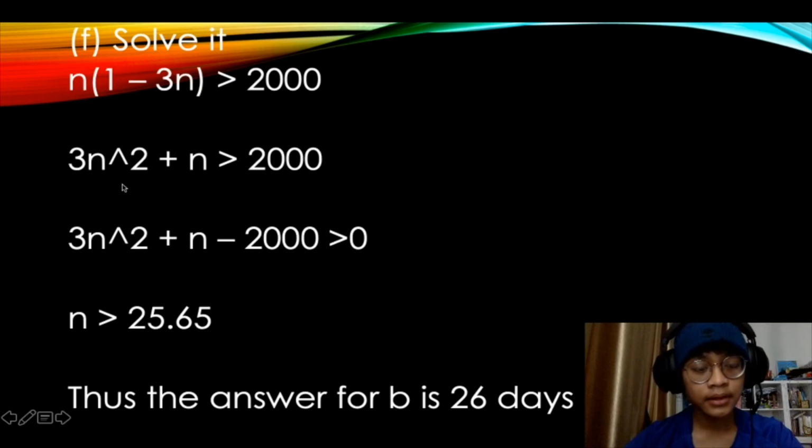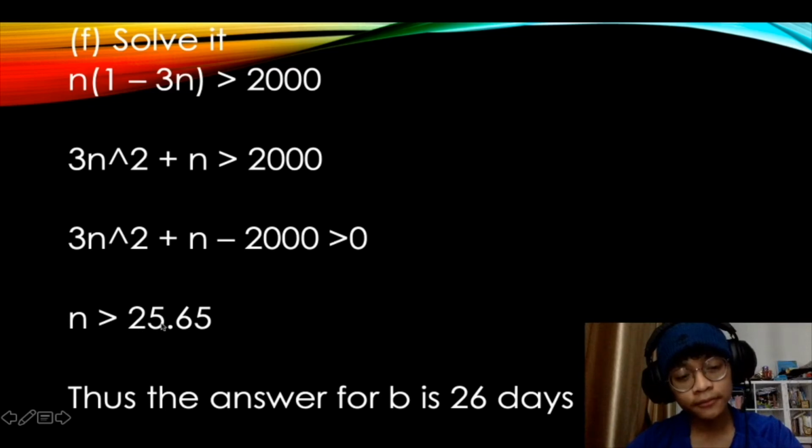Okay, and then we get 3n squared plus n minus 2000. We move this to here, then when we put it in the calculator, we will get n is greater than 25.65. Thus the answer of 4b is 26 days to get over 1000.